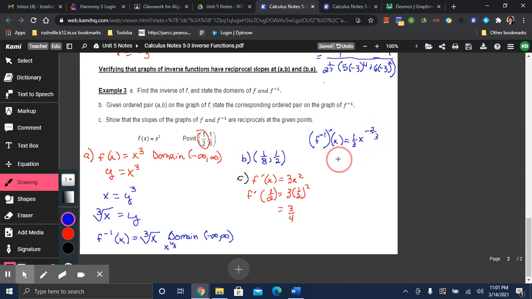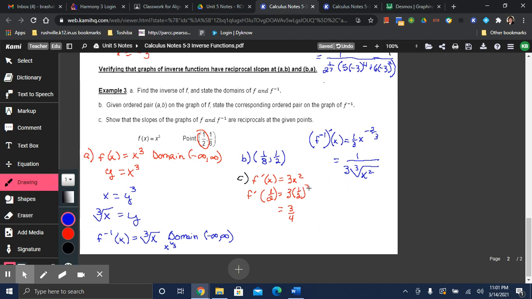And since I'm going to be substituting in a number, I'm going to rewrite that as 1 over 3 times the third root of x squared.